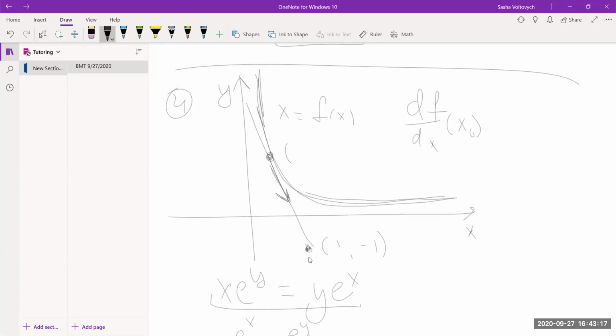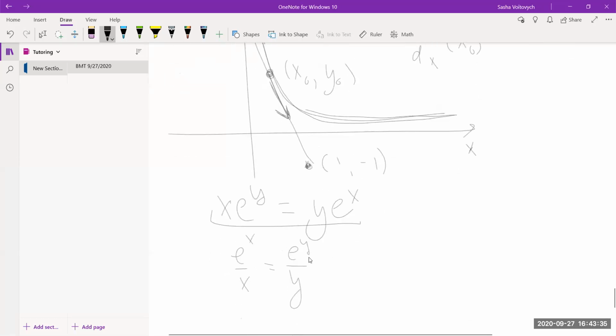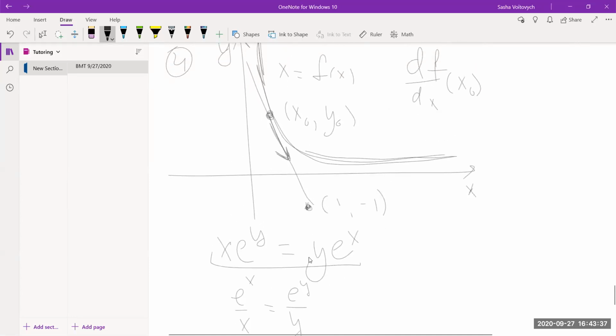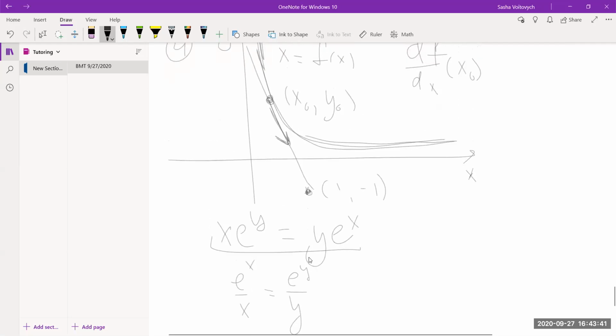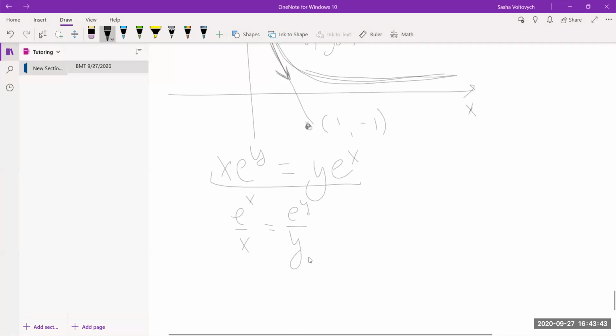So it means that if Amy is now located at point (x0, y0), then the tangent to the curve at this point passes through (1, minus 1). Let's see what that means. First of all, we would like to find the derivative of y.